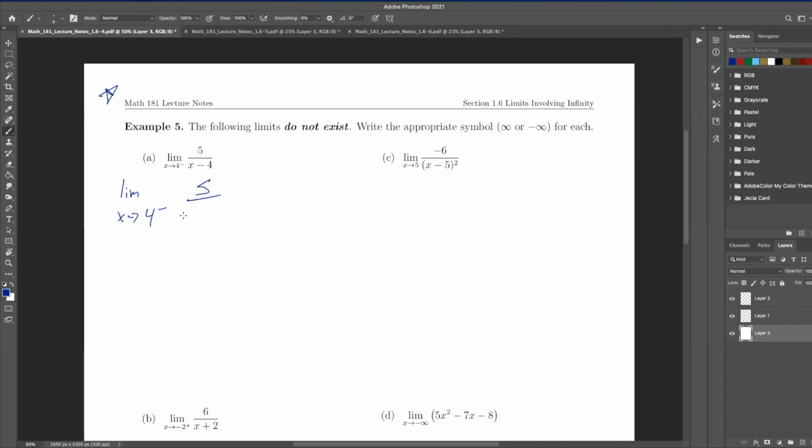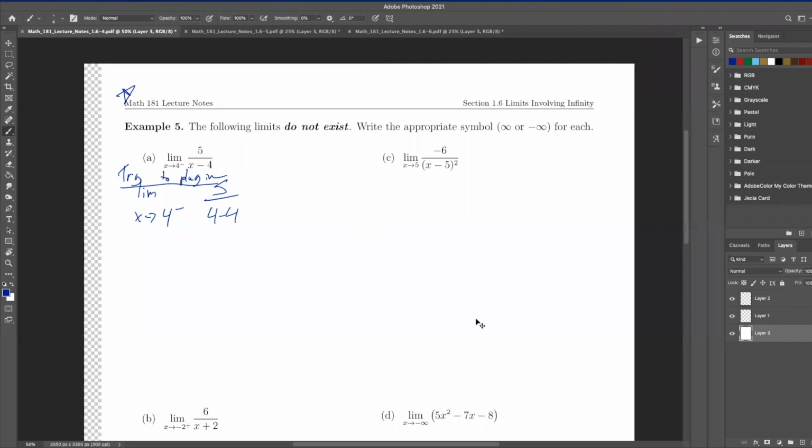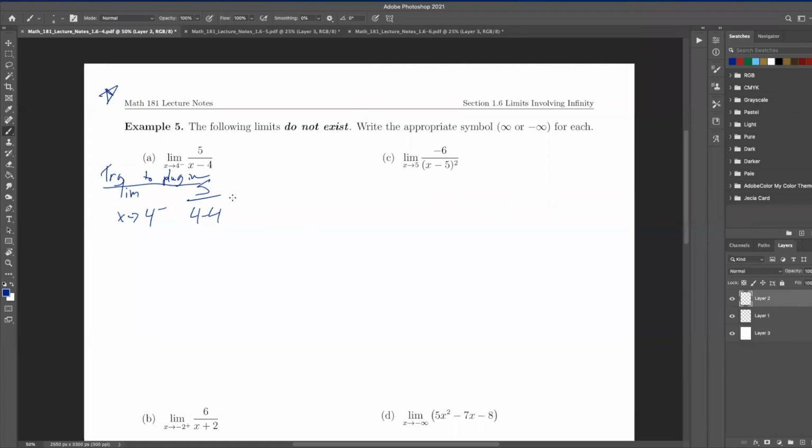And so if we try to plug this in directly, we're going to get 4 minus 4, which implies 5 over 0, right? Well, 5 over 0 tells me this is going to go to infinity. If you have any number over 0, it's going to tell you it goes to infinity, right?